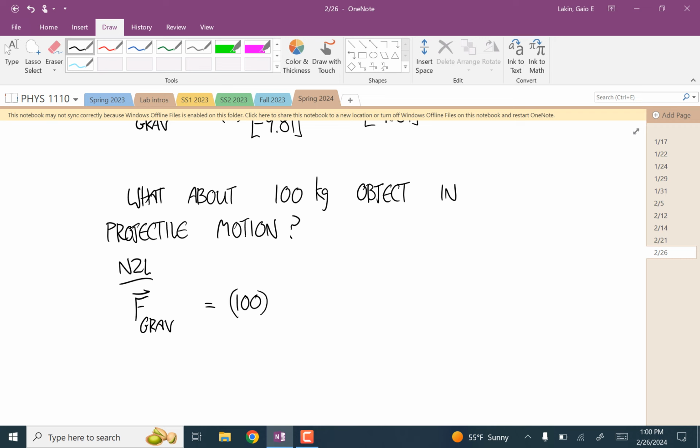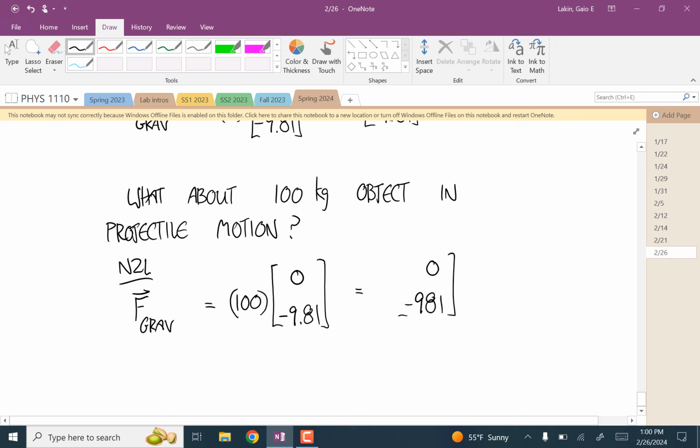Everything's the same as long as air resistance is small. So we got 0, negative 9.81. And so this is equal to 0, negative 981 newtons. Okay.